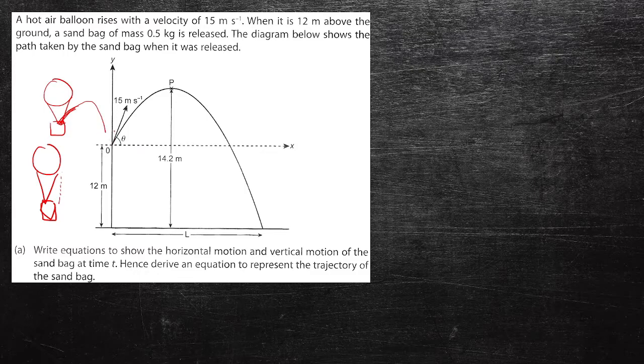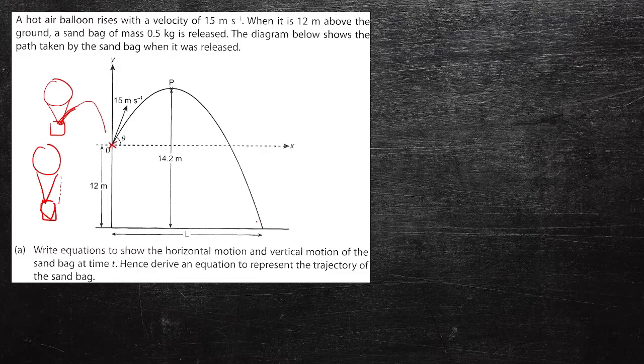Okay, so it is assumed that in this sketch it was thrown at 50 meter per second from the hot air balloon and reaches a certain height that is 14.2 meter, and then it falls down to the ground.